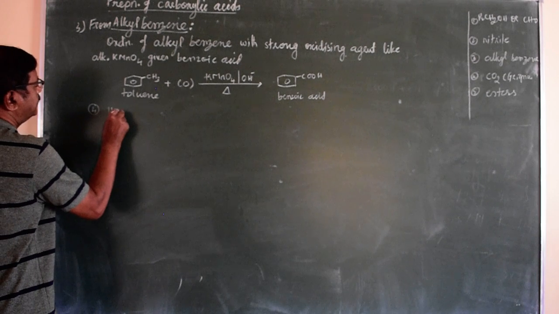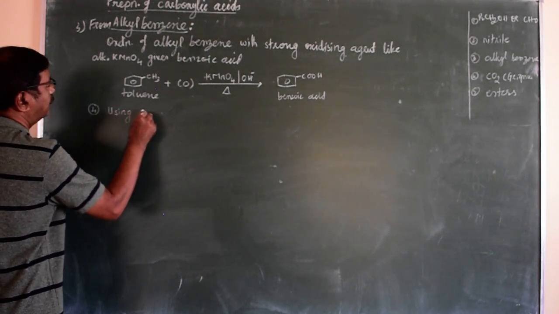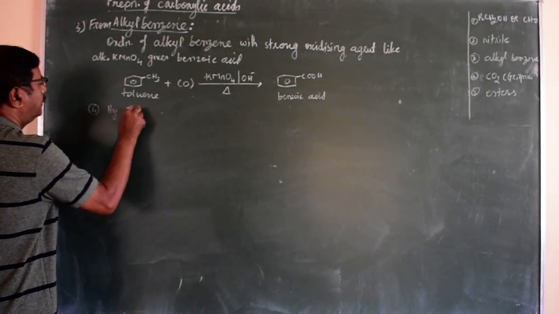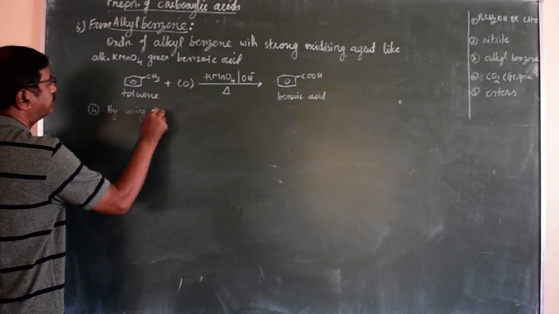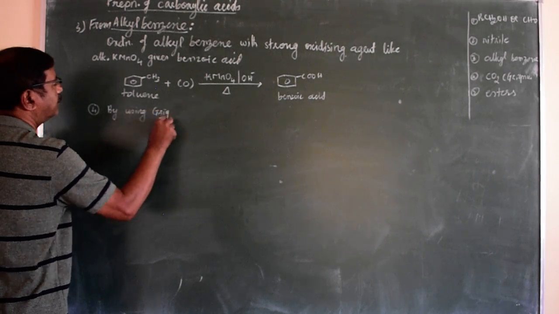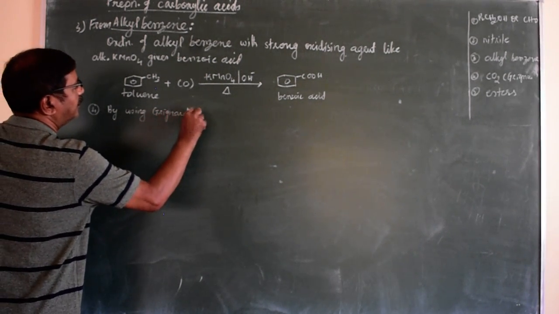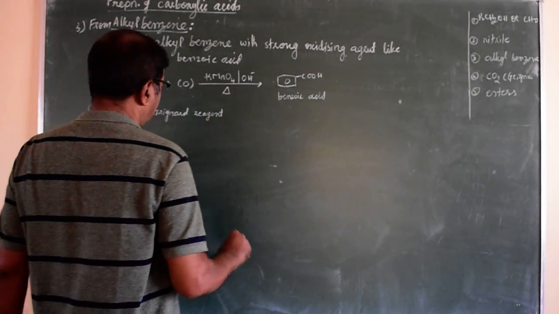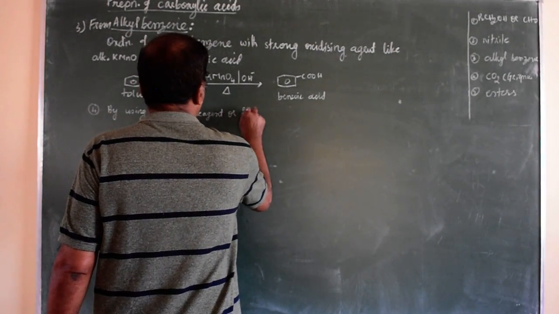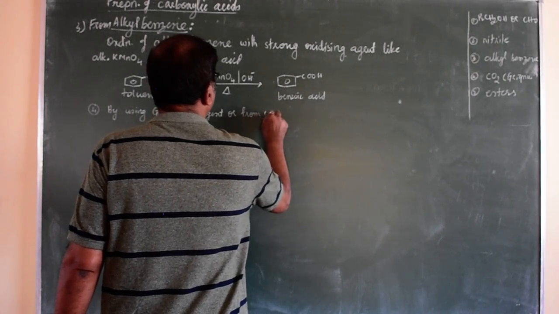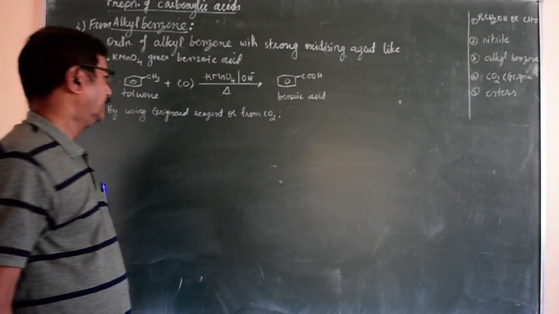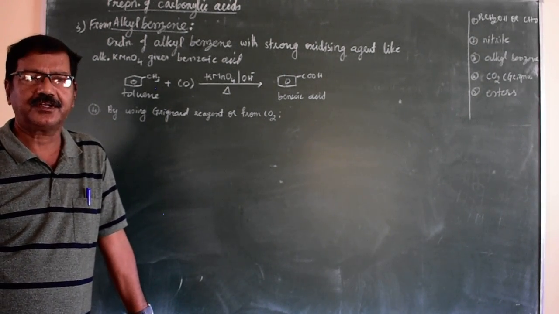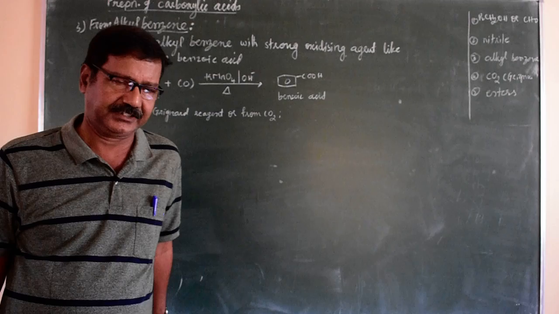Number 4, using Grignard reagent. We can prepare carboxylic acid using Grignard reagent and carbon dioxide.